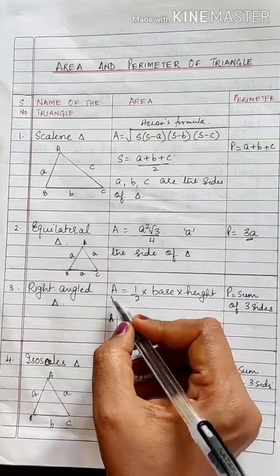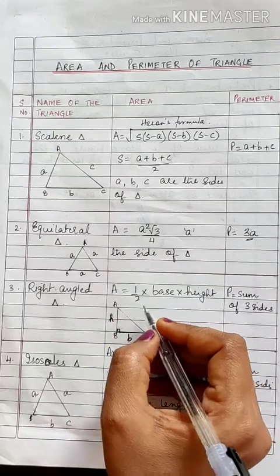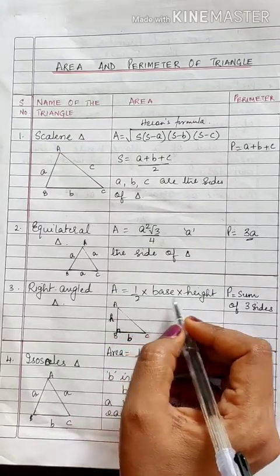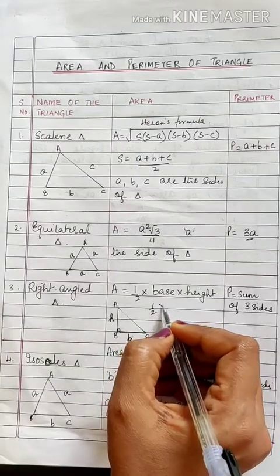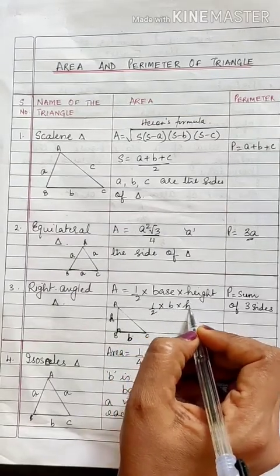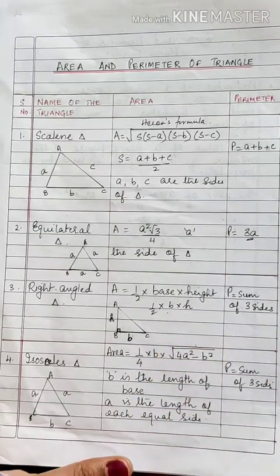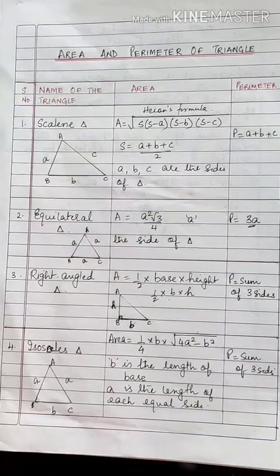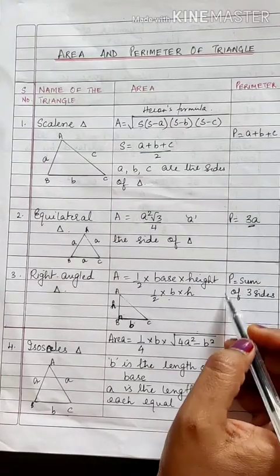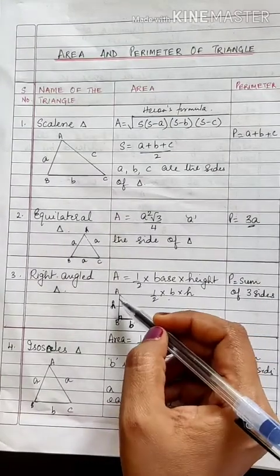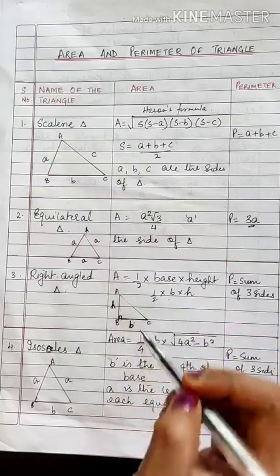The area of a right angle triangle can be calculated as half into base into height, half into b into h, where b is the base and h is the height of the triangle. And what will be the perimeter of a right angle triangle? It will be the sum of the three sides. The three sides are AB, BC and AC.